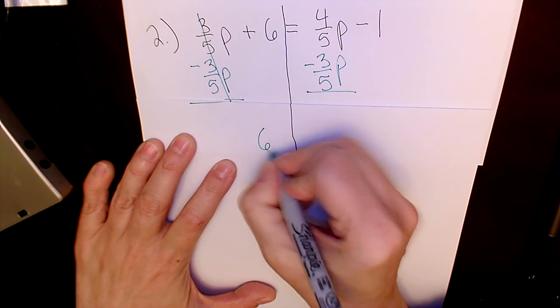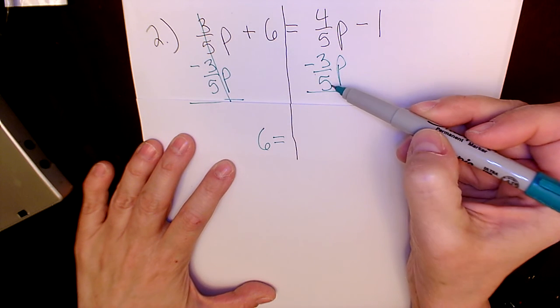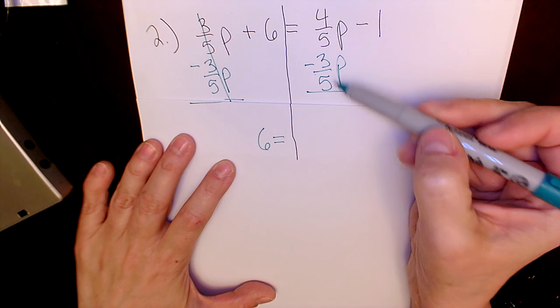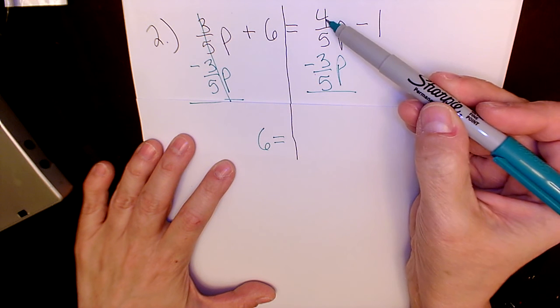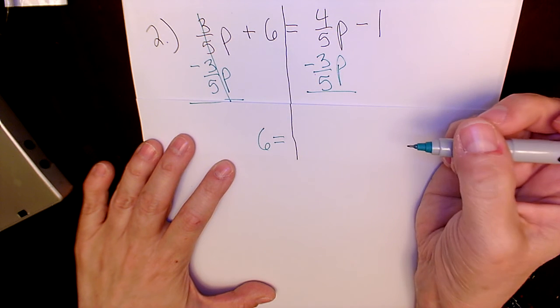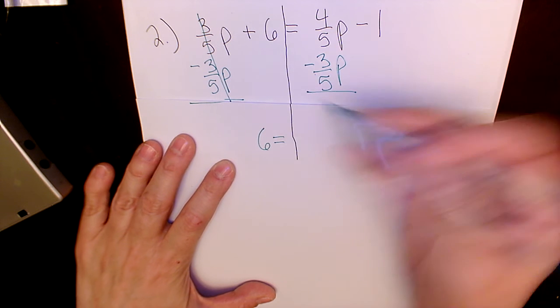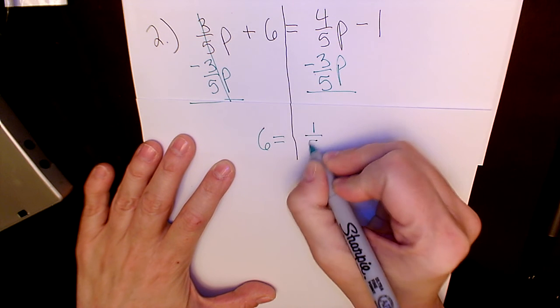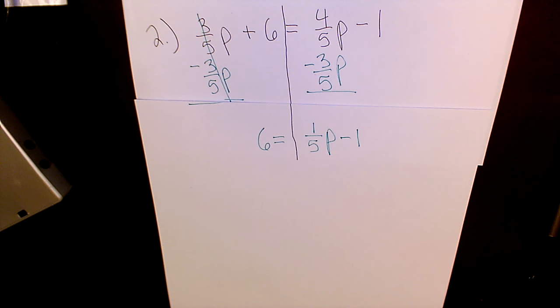These drop out. What's 4/5 minus 3/5? I have a common denominator, which is 5, so I just have to subtract the top and bring the 5 along. So 4 minus 3 is 1. So it's 1/5 p minus 1.